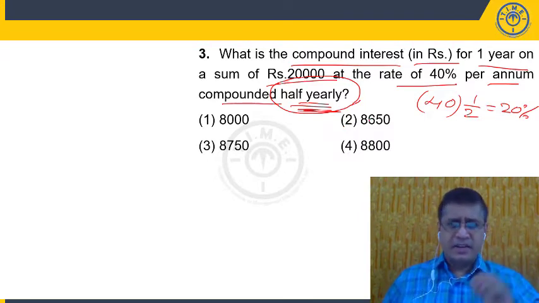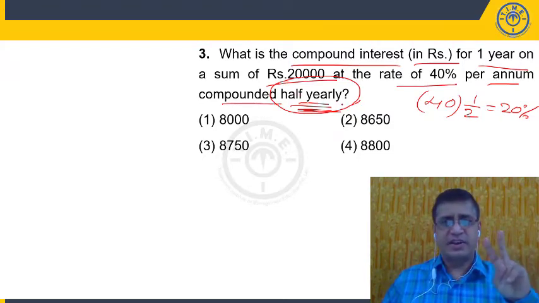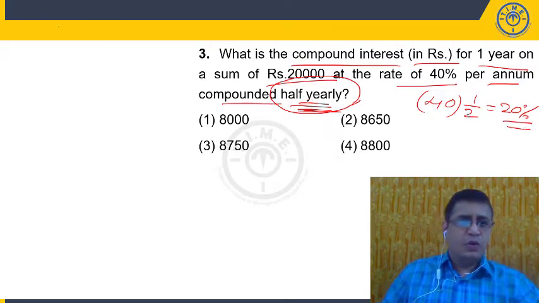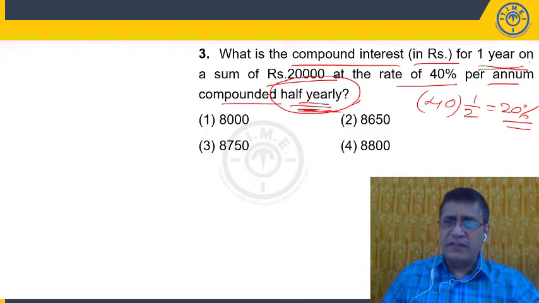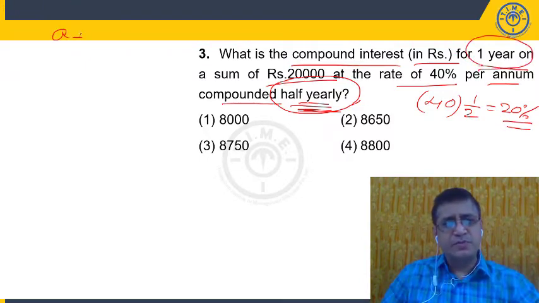Okay, just for your information. So here it says half yearly. Half yearly means 2 times he is charging interest. So 40 into 1 by 2, it is equal to 20%. Means 20% half yearly. So what is the interest for 1 year? What is the effective rate of interest for 1 year, we already discussed in the previous videos.